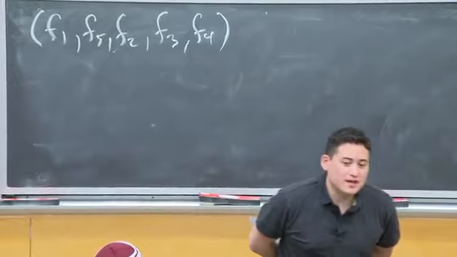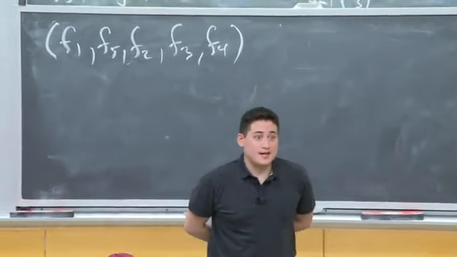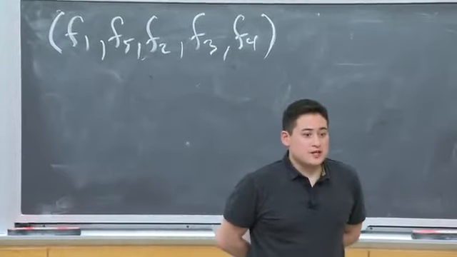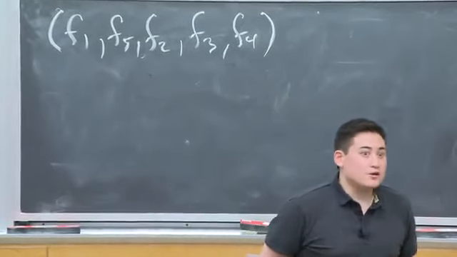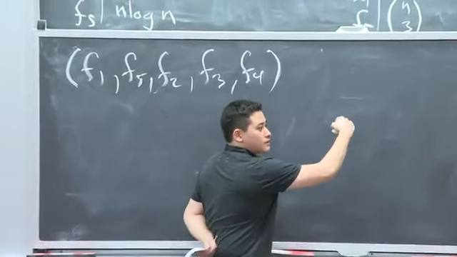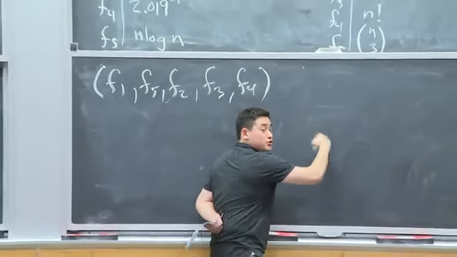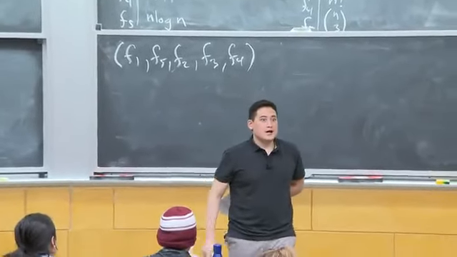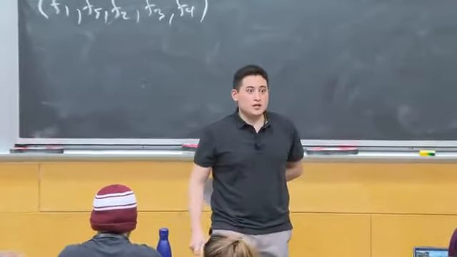How would you go about proving that? So there is a proof in your recitation handout. The method in which they proved that was taking a ratio of the two functions and taking their limit as n goes to infinity, right?